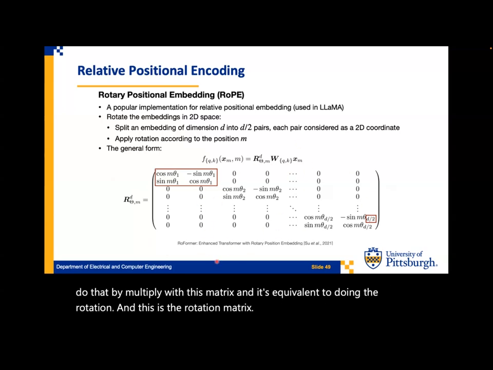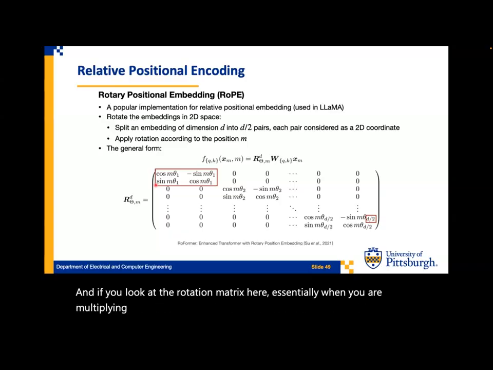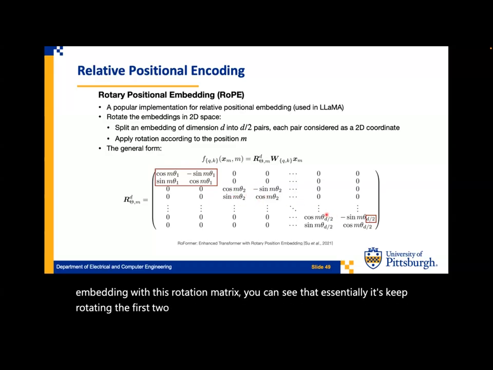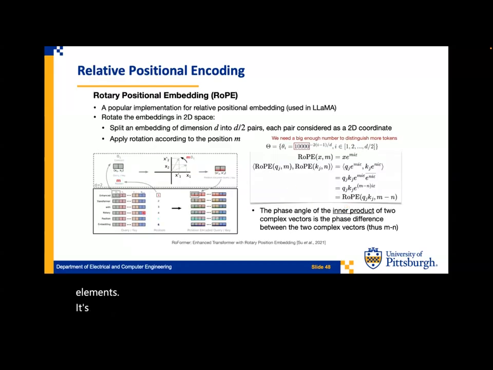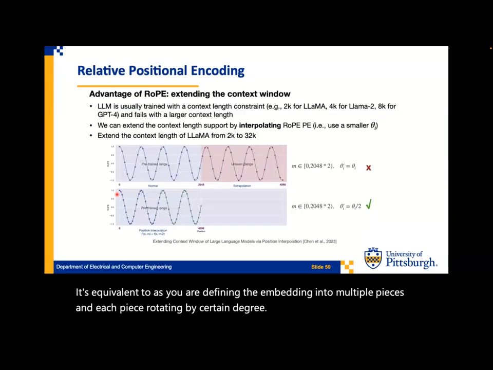When you multiply the original embedding with it, it keeps rotating the first two elements, the second two elements, and the last two elements. It's equivalent to dividing the embedding into multiple pieces and rotating each piece by a certain degree. Does that make sense?